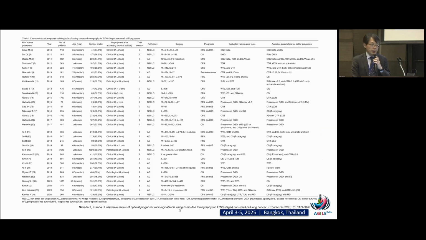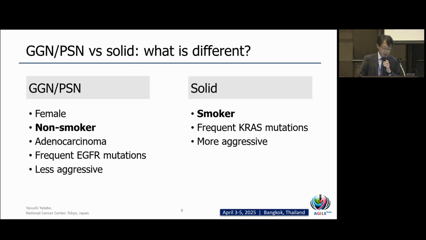This kind of data has already been published, and this is a list of such data. Even though some do not support a better prognosis in subsolid nodules, most of them show a better prognosis.